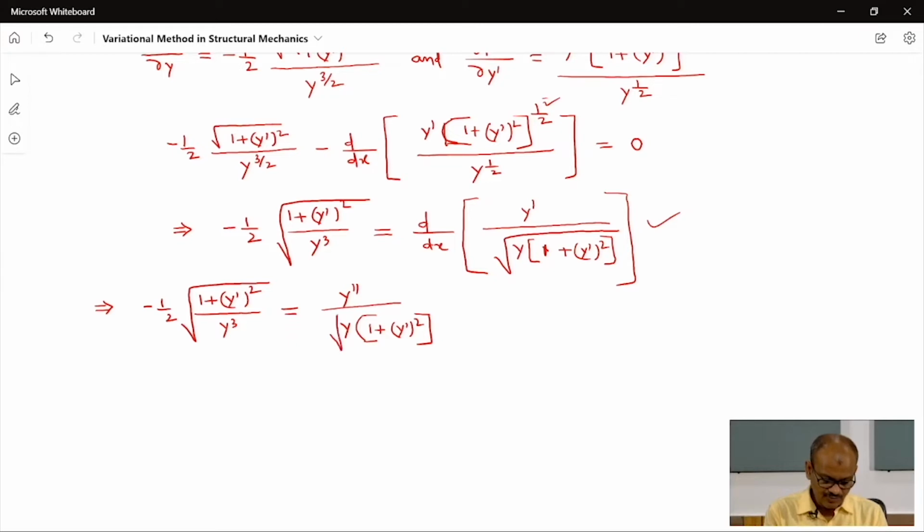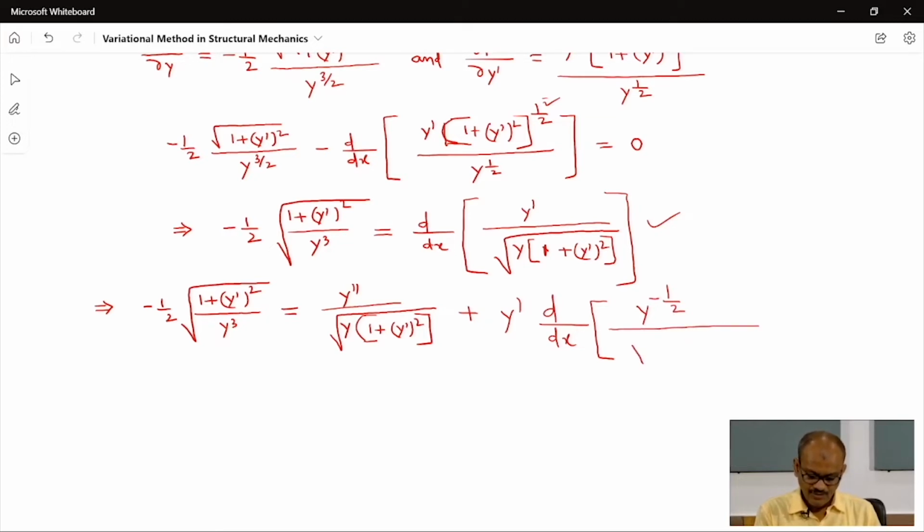So here we will have to write the root of v into differentiation of u, that is y double dash, plus u into d by dx of y to the power minus half divided by root over of 1 plus y dash whole square. So this is all right.